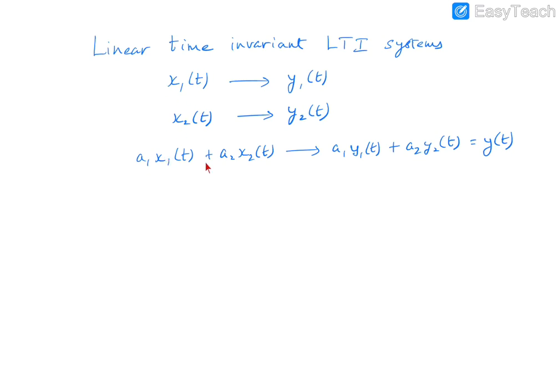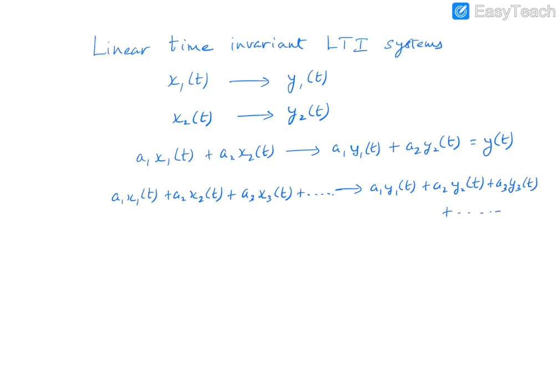So in general, rather than having only two signals x1 and x2, if we have a1 x1 of t plus a2 x2 of t plus a3 x3 of t and so on and so forth, then the corresponding output would be a1 y1 of t plus a2 y2 of t plus a3 y3 of t and so on and so forth.